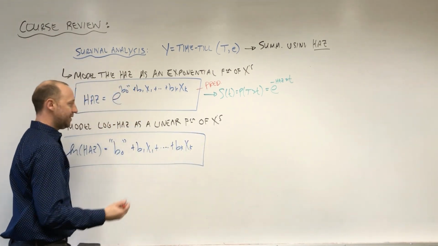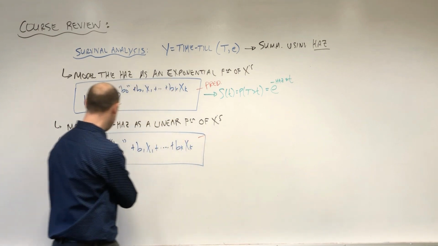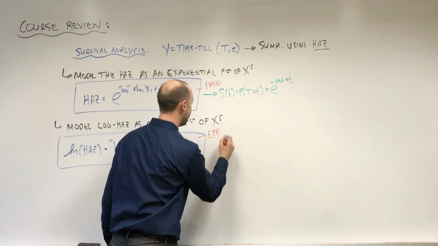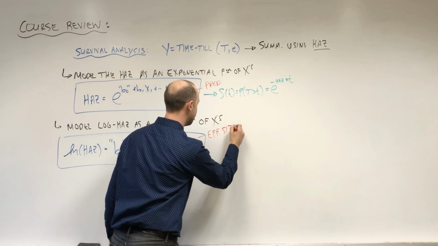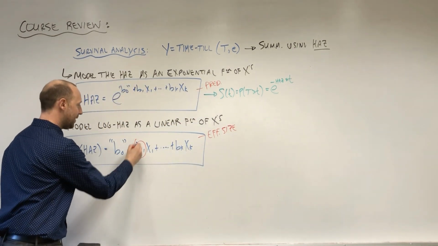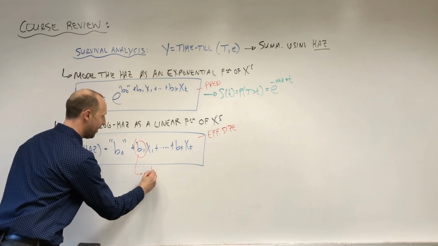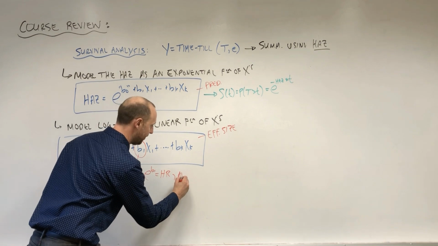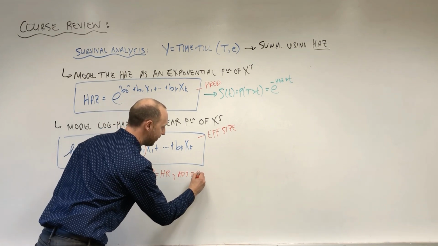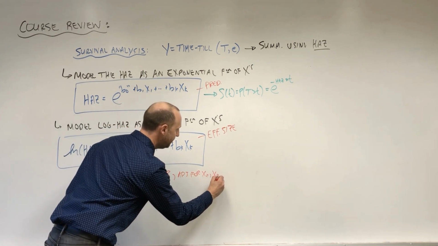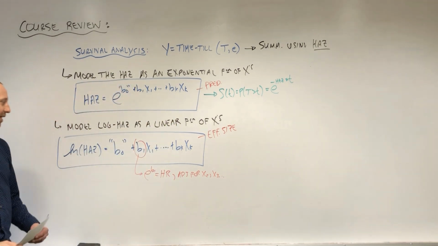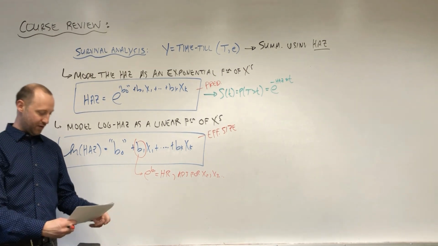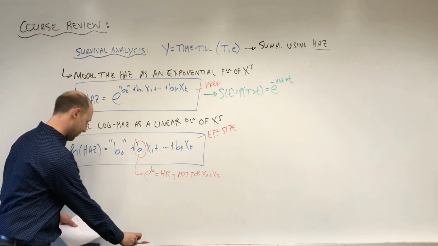Again, thinking of the model on the scale of the log hazard is a good way to look at it when we want to talk about an effect size model. And we saw this coefficient here. If we exponentiate that, it's going to get us a hazard ratio adjusted for x2, x3, and so on. So again, we can estimate what effect x1 has on the hazard, adjusted for other variables, adjusted for confounding and so on.